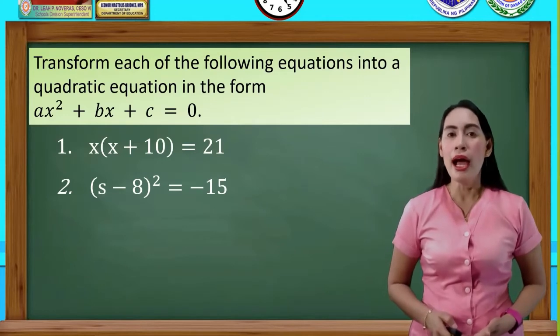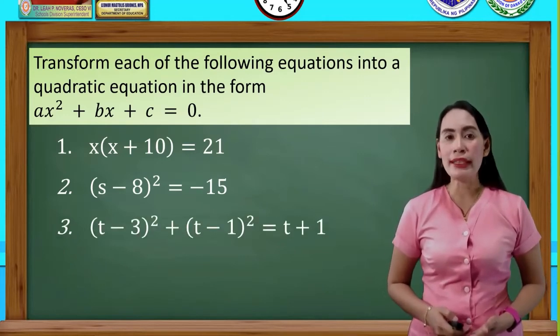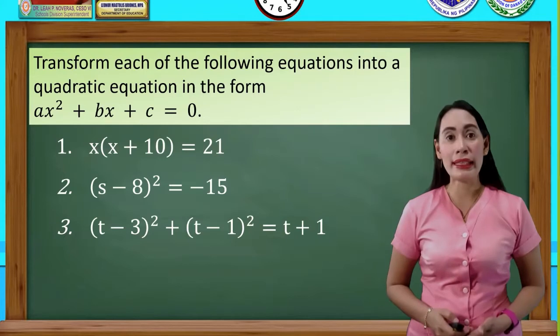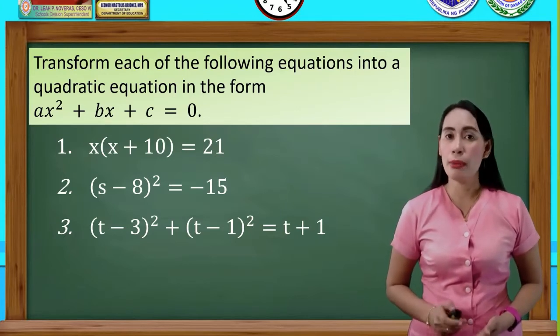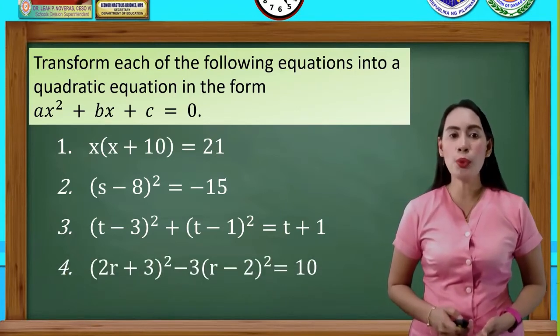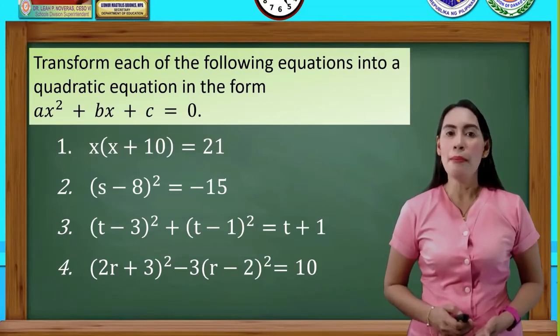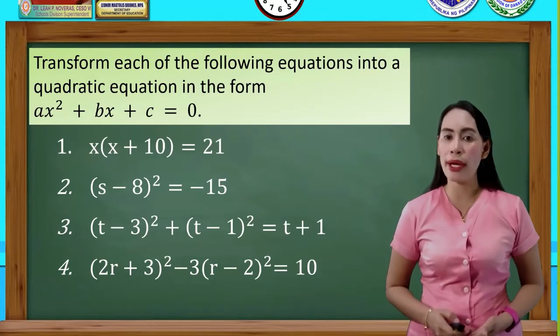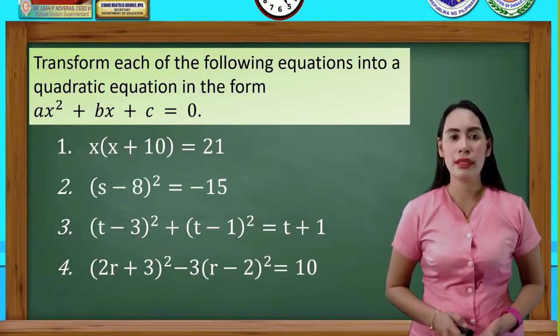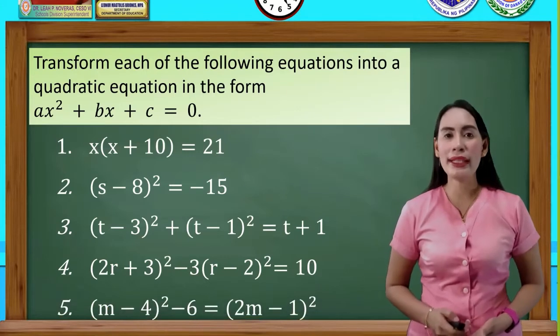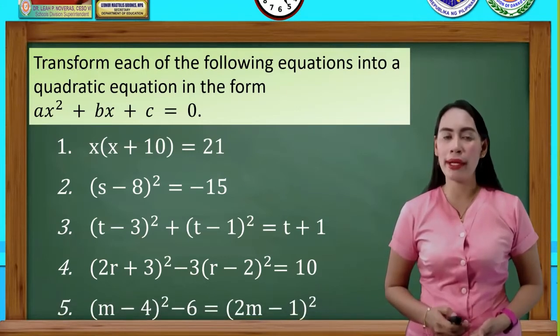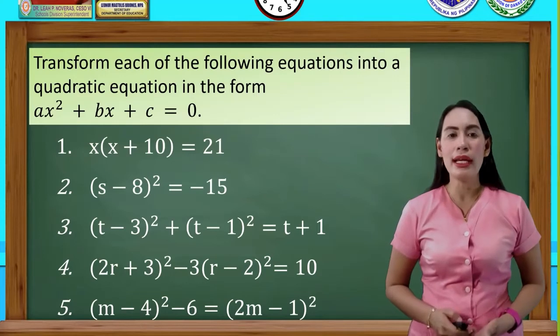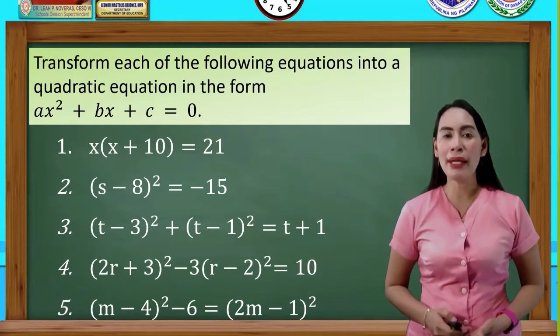Number 3, the quantity of t minus 3 squared plus the quantity of t minus 1 squared equals t plus 1. Number 4, the quantity of 2r plus 3 squared minus 3 times the quantity of r minus 2 squared equals 10. Number 5, the quantity of m minus 4 squared minus 6 equals the quantity of 2m minus 1 squared.